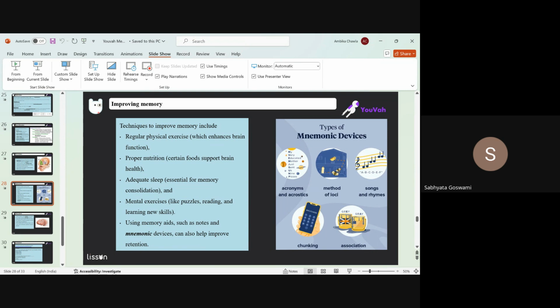So sleep is extremely important in memory. A lot of mental exercises like puzzles, reading, learning new skills, doing those little memory activities, can also help. And using memory aids like we discussed: mnemonics, chunking, associations, acronyms, and method of loci.